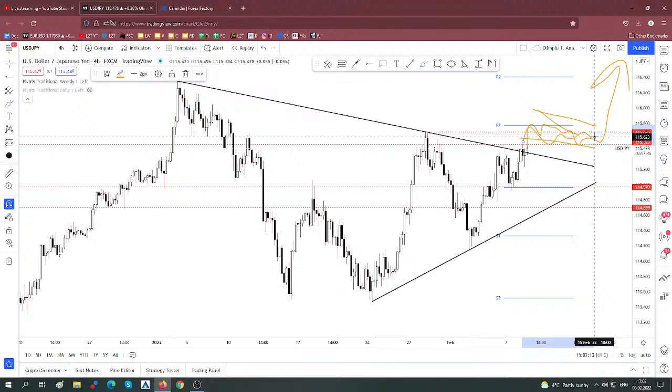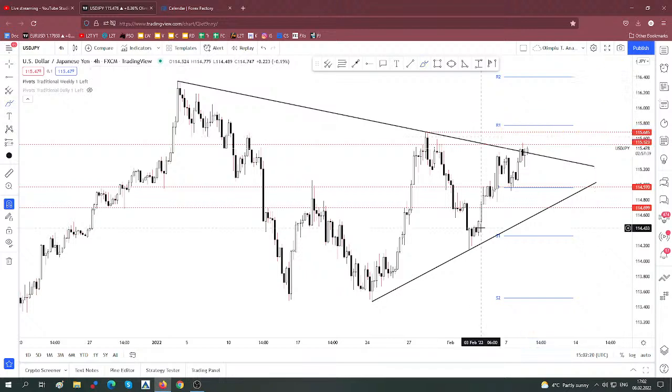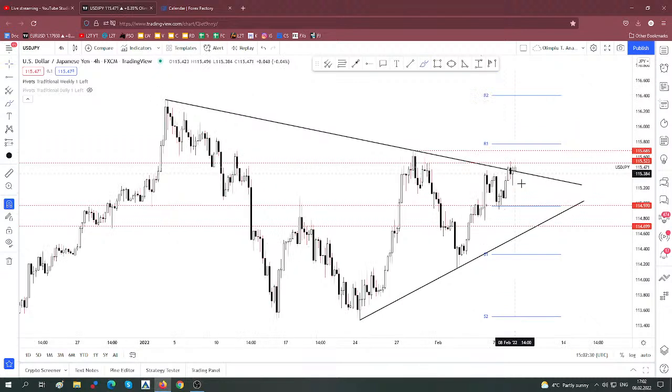In my opinion, Juan, you can do whatever you want, but I'm sharing my opinion, and I don't want to buy here at resistance. Because even if the price jumps and closes above the downtrend line, it could print a major bearish candle here. A bearish engulfing here could signal a potential drop towards the weekly pivot point.